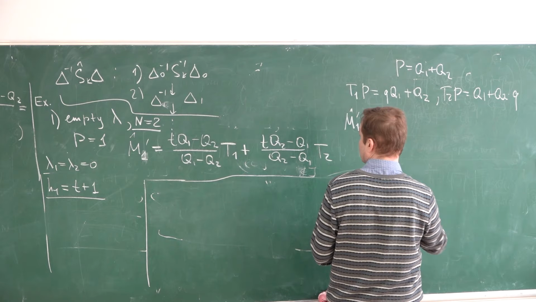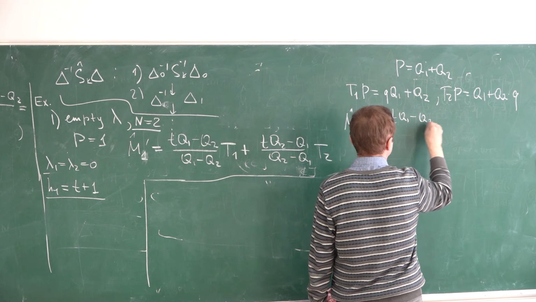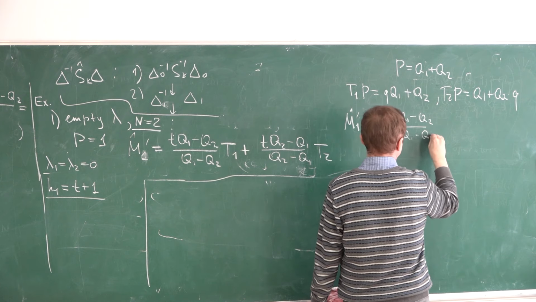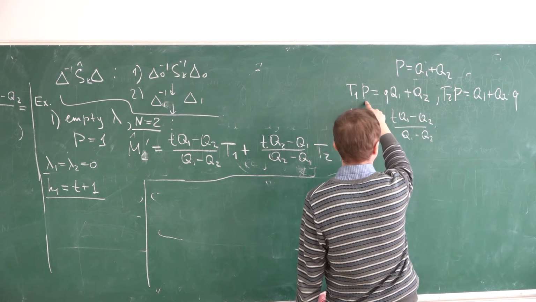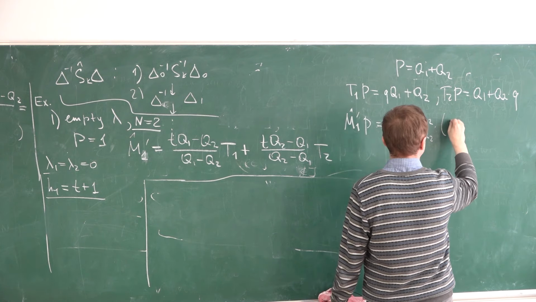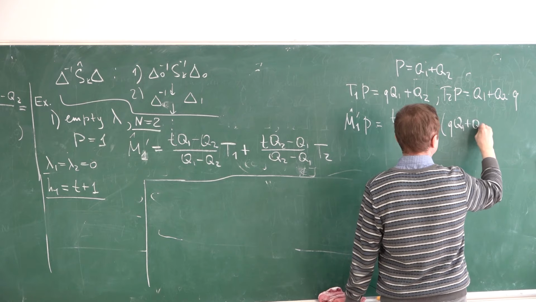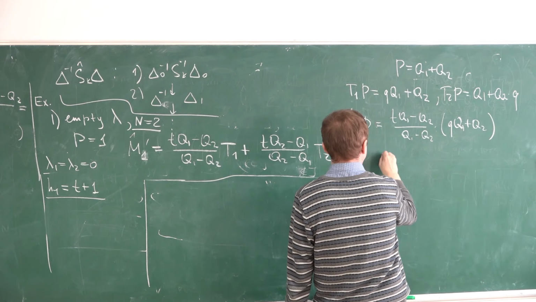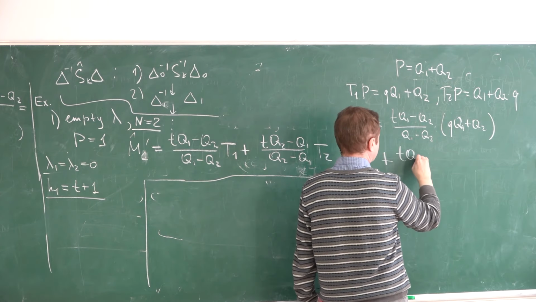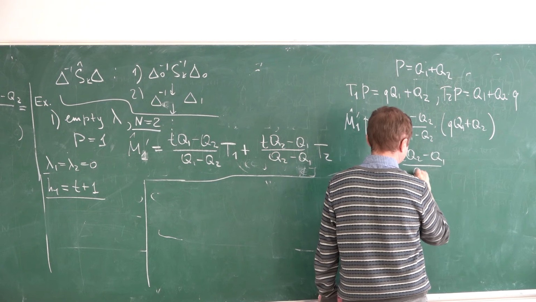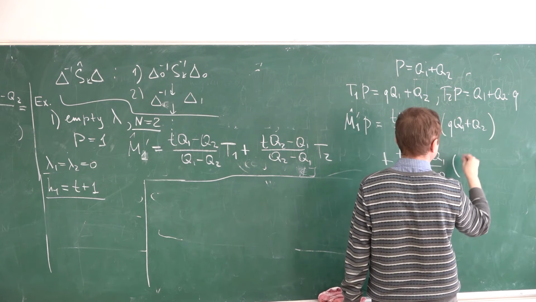Let us write explicitly. So we have this coefficient, T Q1 minus Q2 over Q1 minus Q2, multiplied by T1 acting on P, so by small q, Q1 plus Q2, and then plus this coefficient multiplied by this expression.